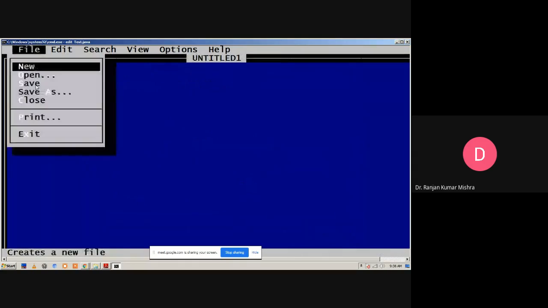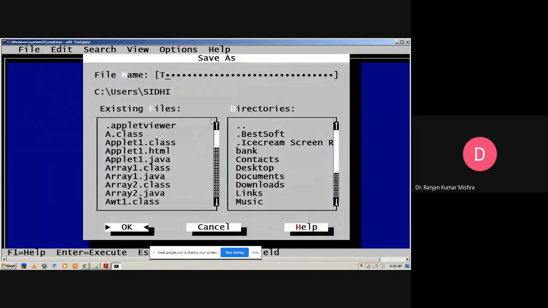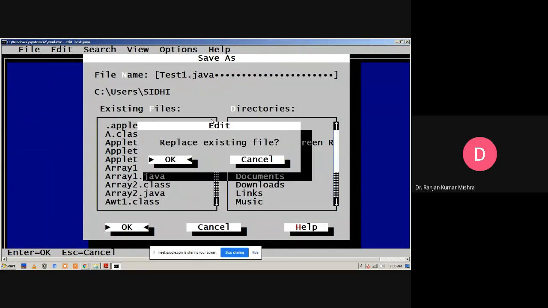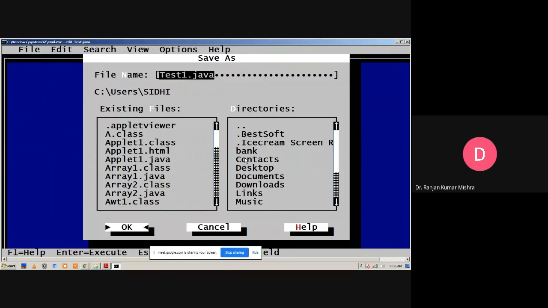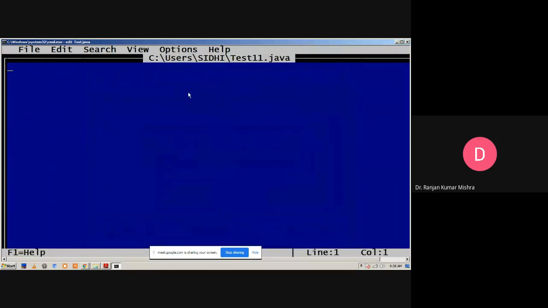Let us make a new file once. Save as test1.java. Save test11.java. The class name is Test11.